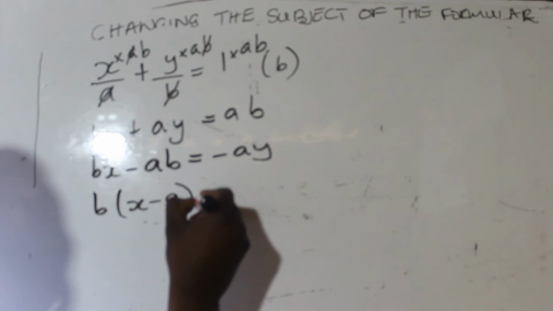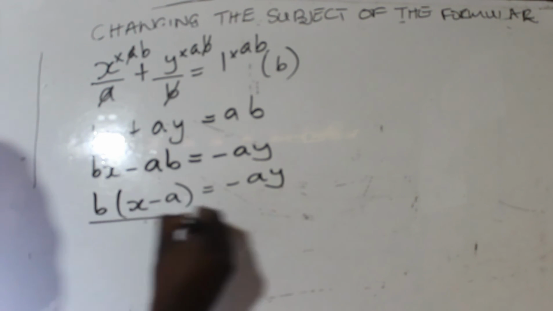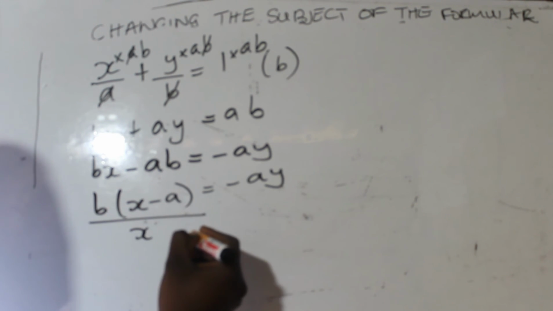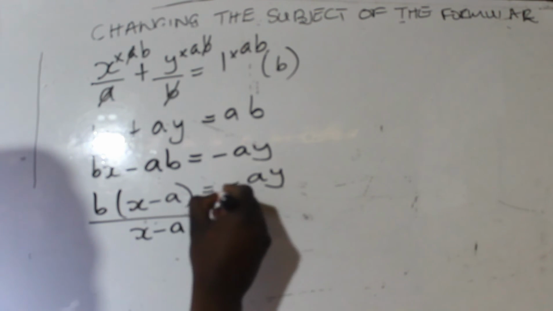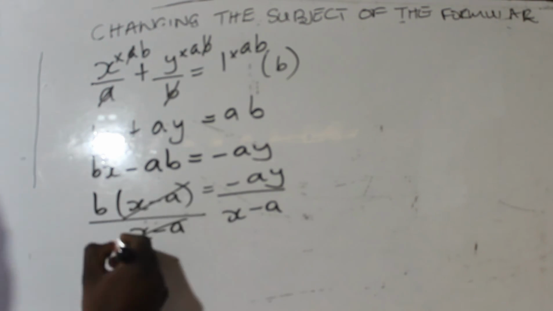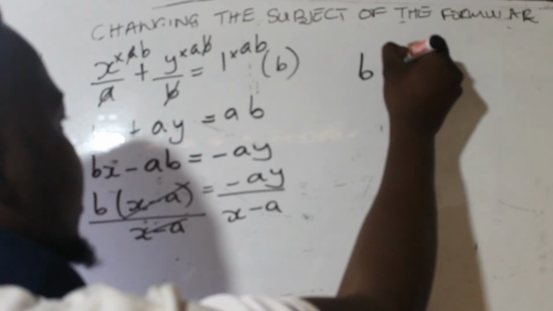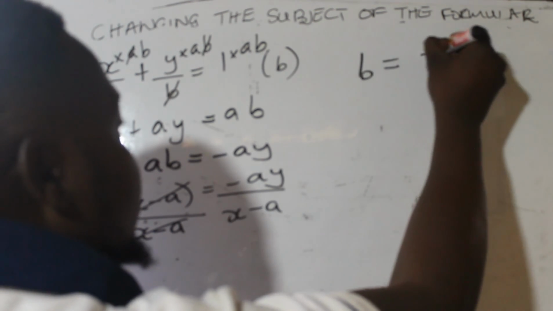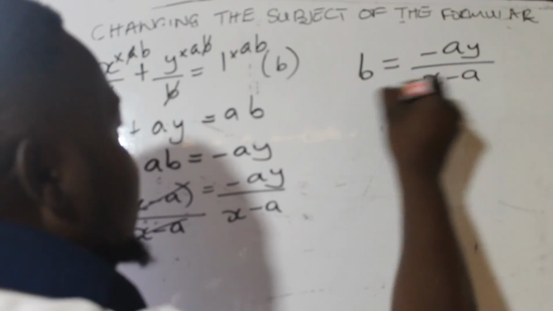So b times x minus a is equals to negative ay. We divide both sides by x minus a. This and this will cancel, so our b is equal to negative ay over x minus a.